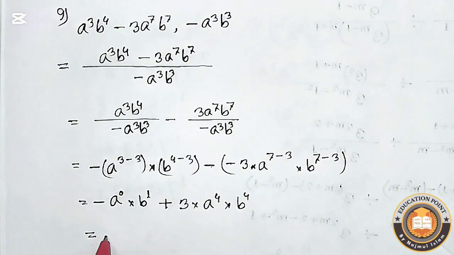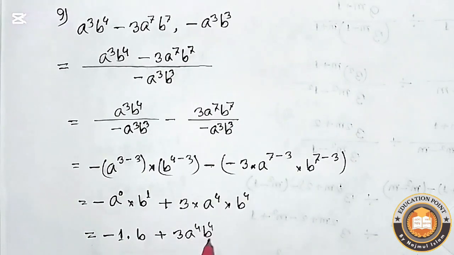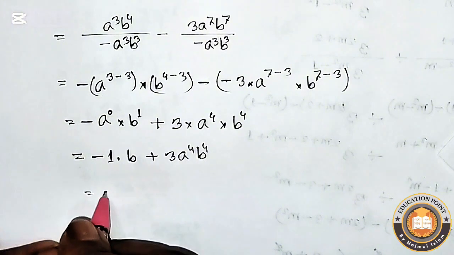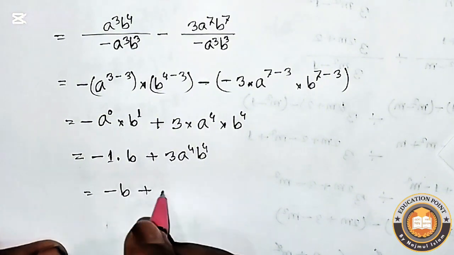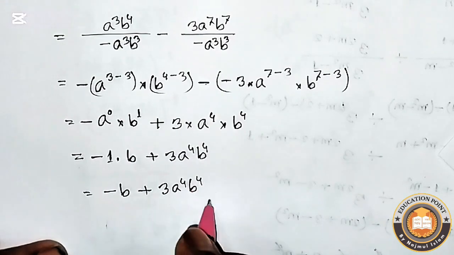So we can write minus 1 into b plus 3 into a to the power 4 plus b to the power 4, equals minus b plus 3 a to the power 4 into b to the power 4.